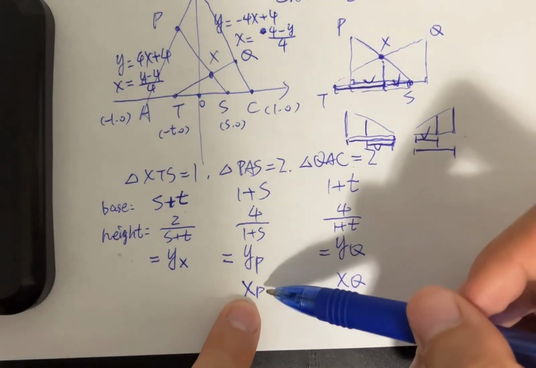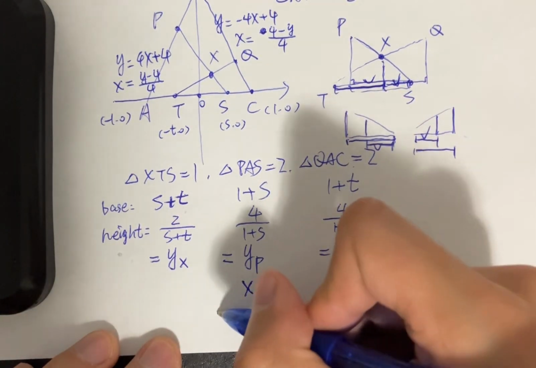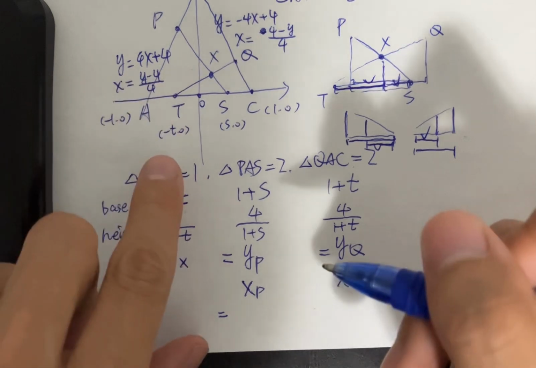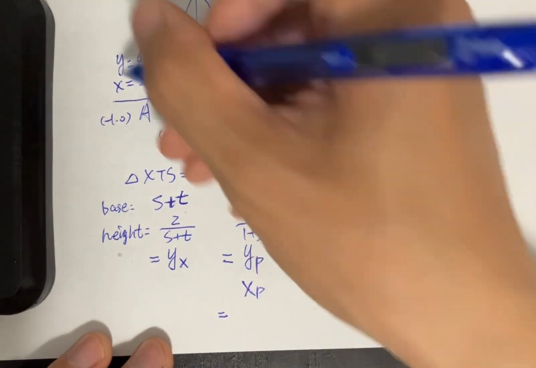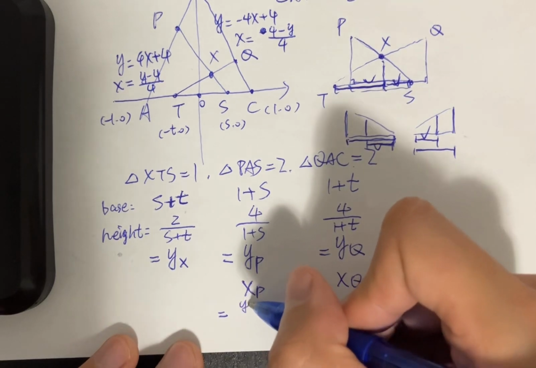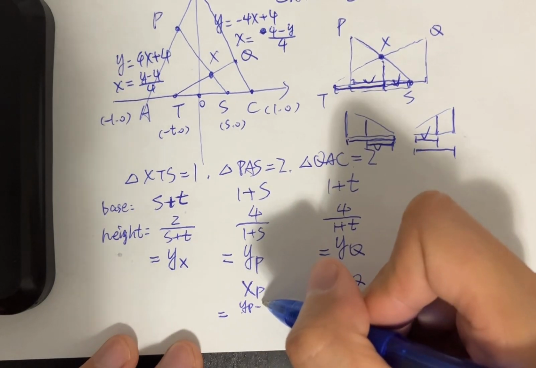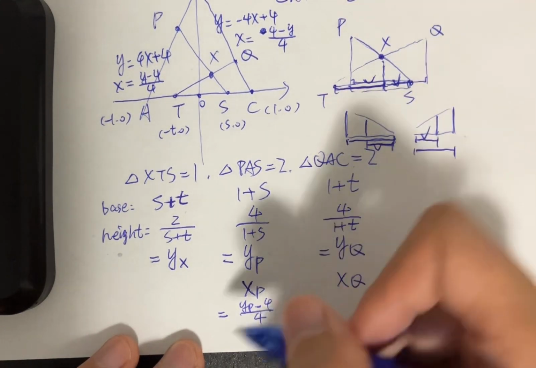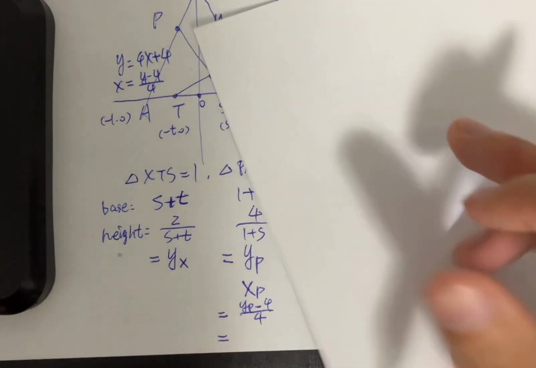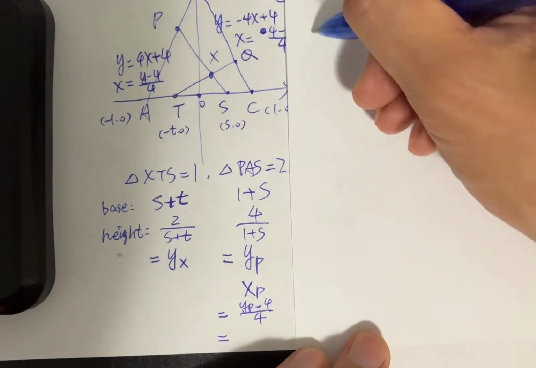For XP, it is (YP minus 4) divided by 4. We need a bit of calculation here on this piece of paper.